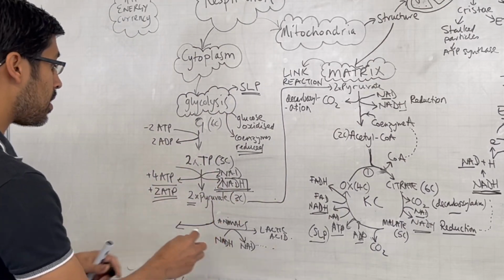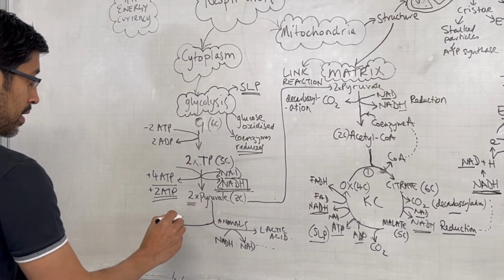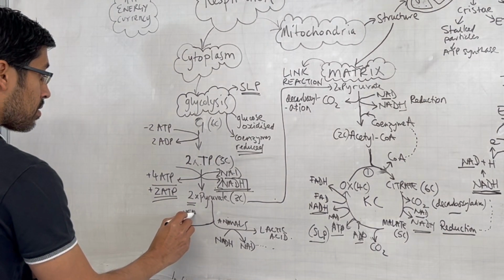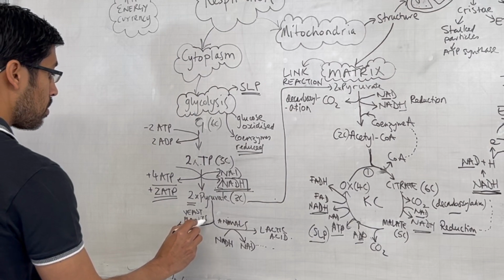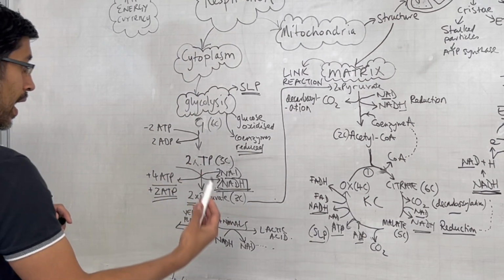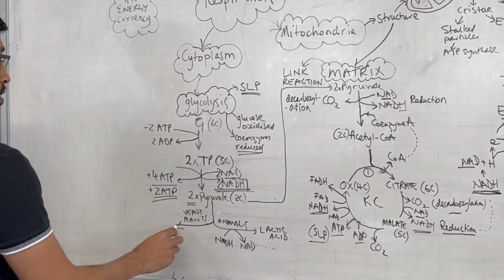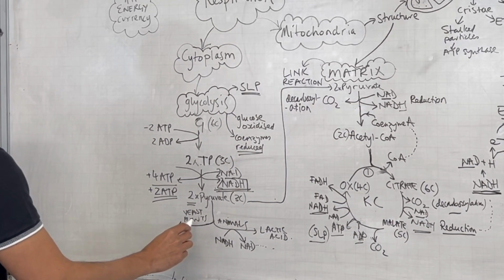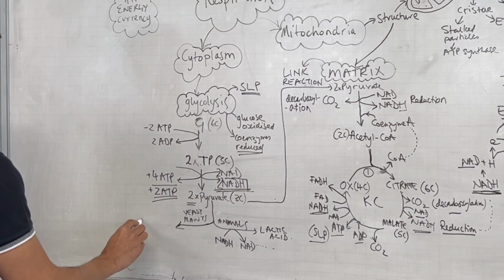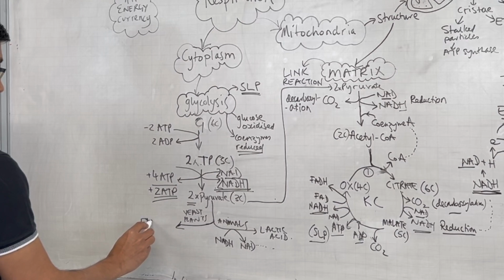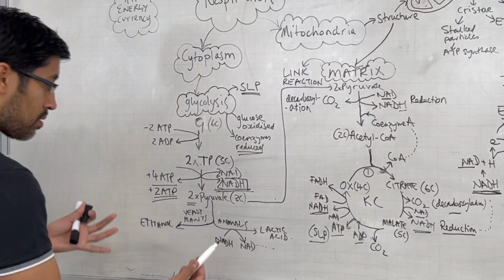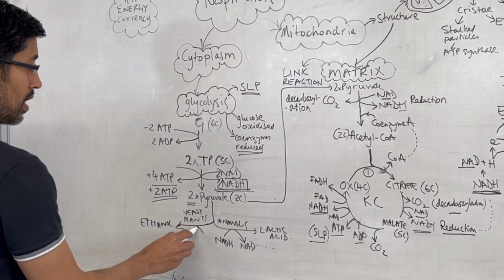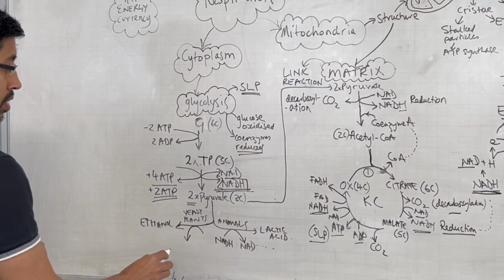Okay, the other thing that can happen is in yeast and plants. So in yeast and plants, anaerobic respiration goes a slightly different way. The pyruvate is converted to ethanol. But the same kind of thing occurs.